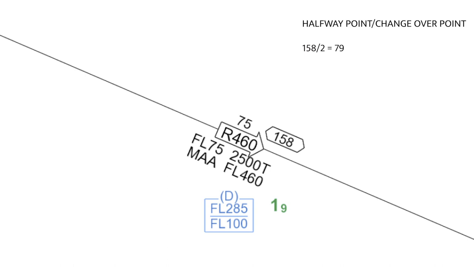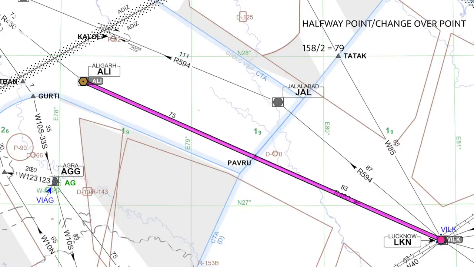How do you know what is the halfway point? If you could see this 158 mentioned in the hexagon is the total distance between the two adjacent navaids. Two navaids here are Alpha Lima India and Lima Kilo November VOR.